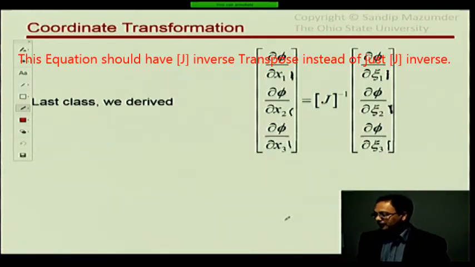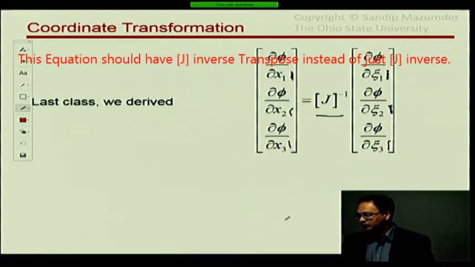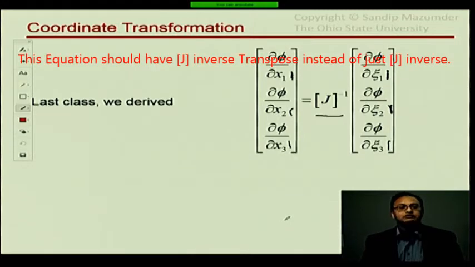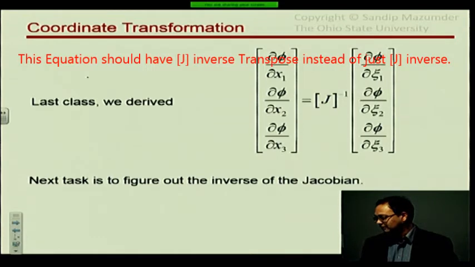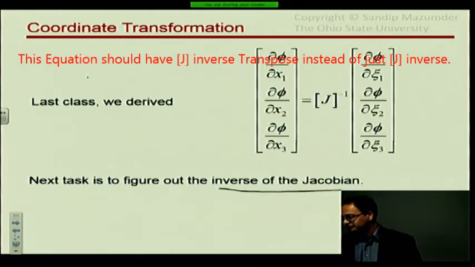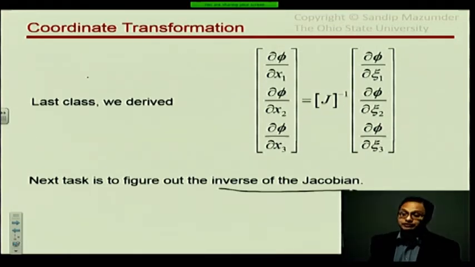And this is what we derived in the last class, that these derivatives can be expressed as the product of what's called the inverse of the Jacobian of forward transformation times the partial derivatives in curvilinear coordinates. So this is where we had stopped last time. Next task is to figure out how we get the inverse of this Jacobian. Now remember this is the Jacobian of the forward transformation.